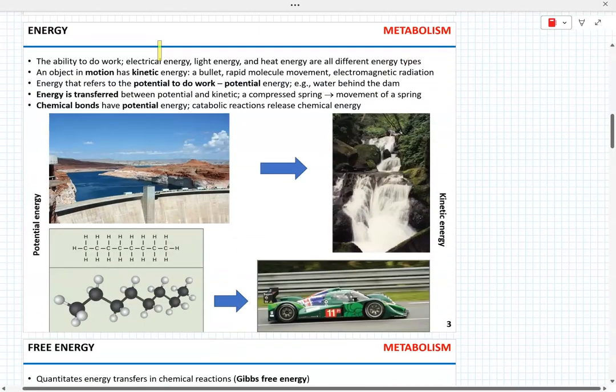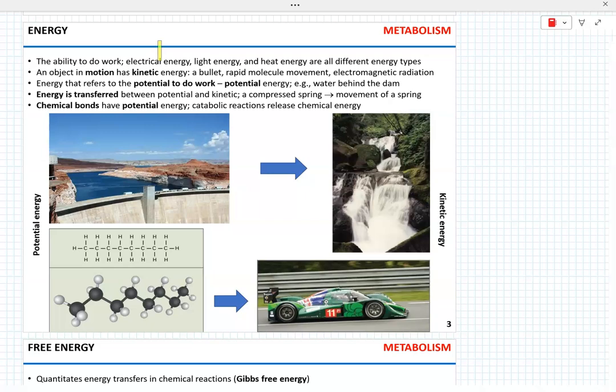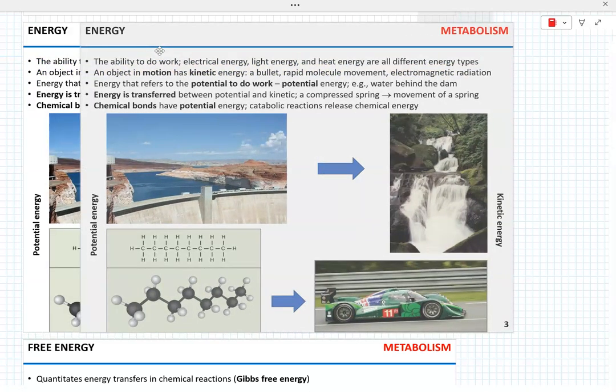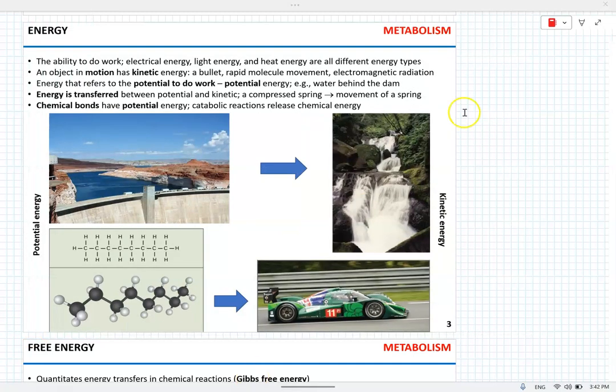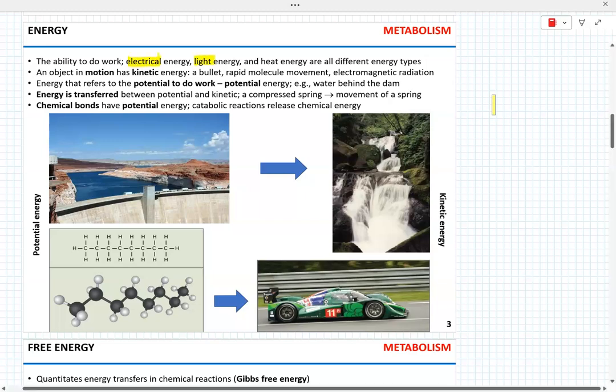Now we're going to switch gears and talk about energy. The definition of energy is the ability to do work or cause the change in a system. There are different types of energy, from electrical to light, heat energy.